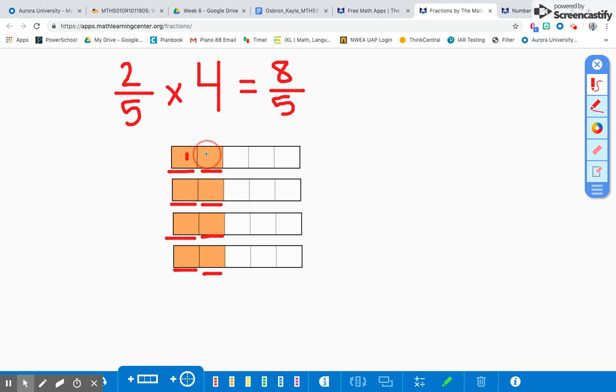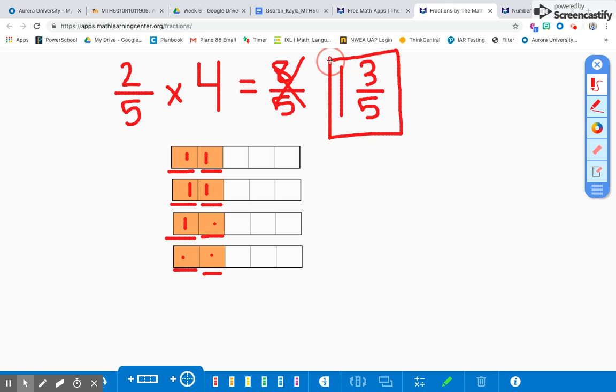So 1, 2, 3, 4, 5 makes one whole. And then I have 1, 2, 3 fifths remaining. So I could say my final answer is 1 whole and 3/5. So that covers multiplying by a whole number.